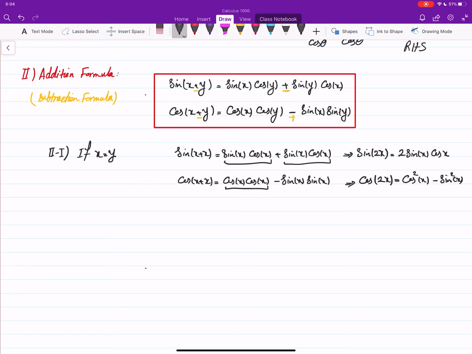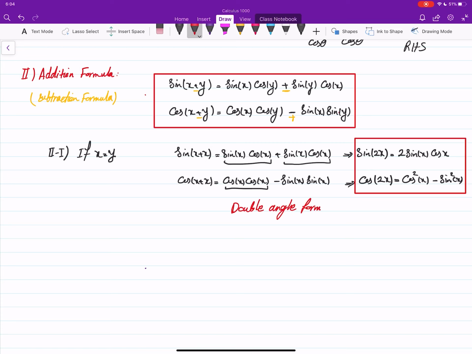These are important formulas, and they have a name. They are called double angle formulas, because they give the sine of 2x and cosine of 2x, double angle.